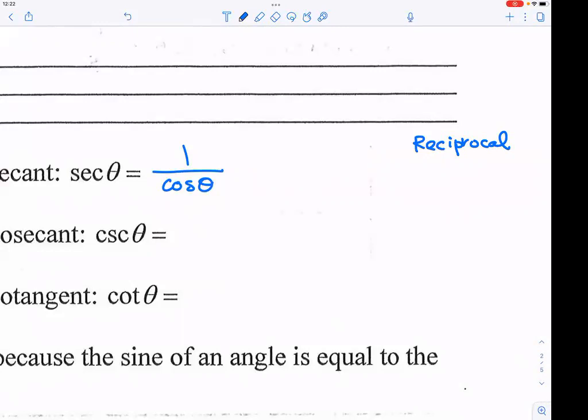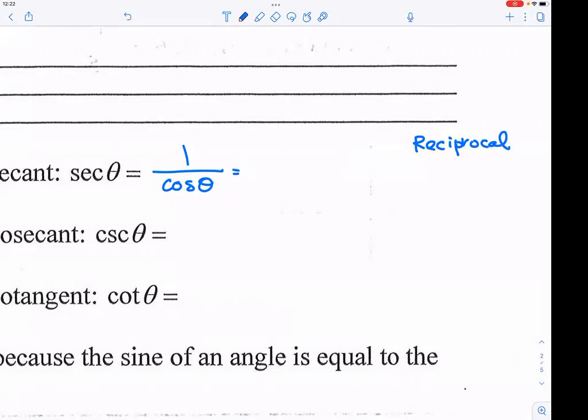If you cannot even say the right word to describe the relationship, well, that means you don't know what's going on in your head. So please write this down, reciprocal, okay? Make sure you know it's the reciprocal. So secant theta is the reciprocal of cosine theta.